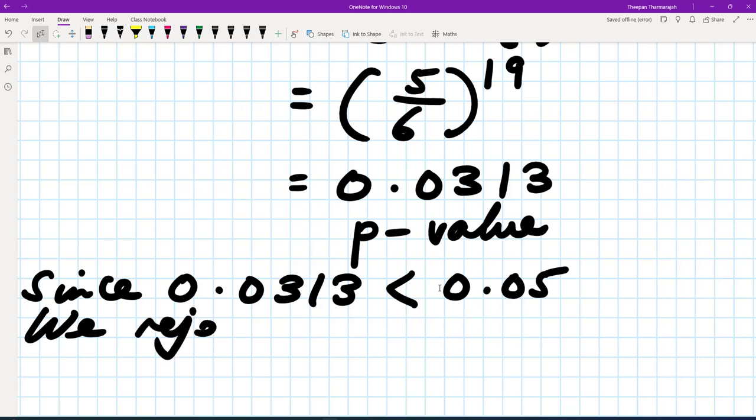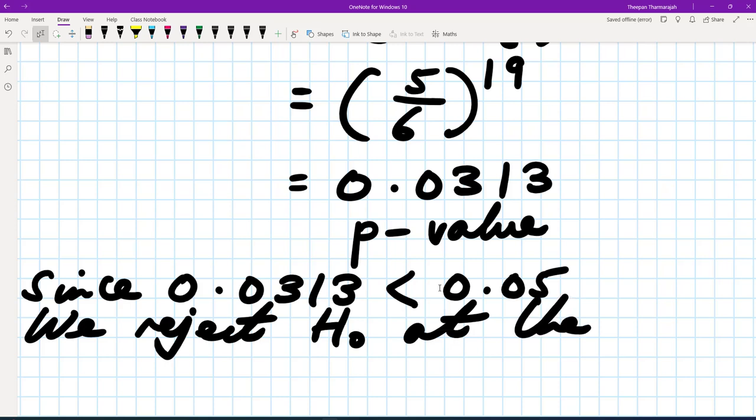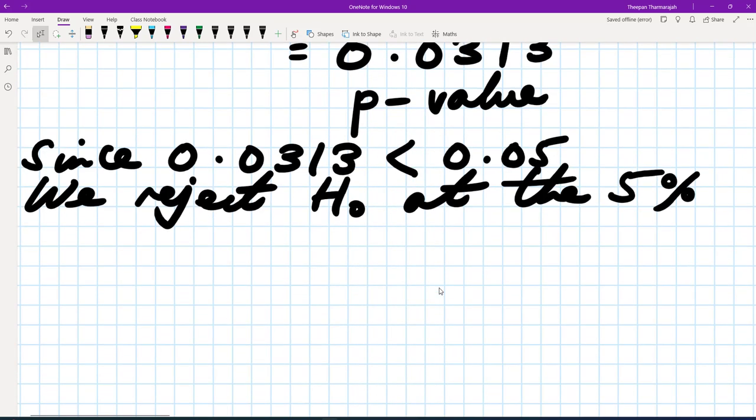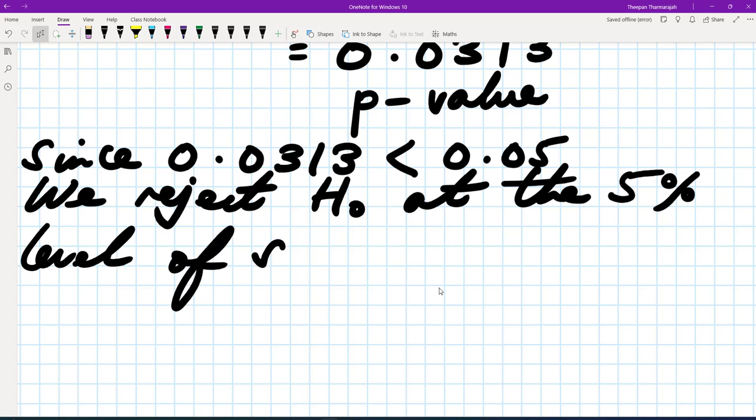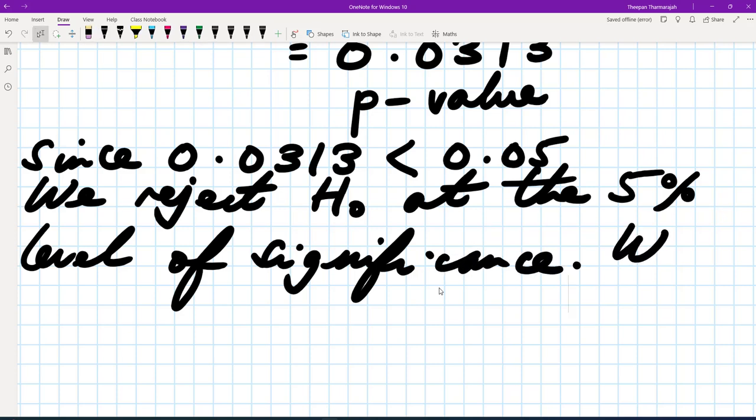So we reject H0 at the 5% level of significance. The test is significant.